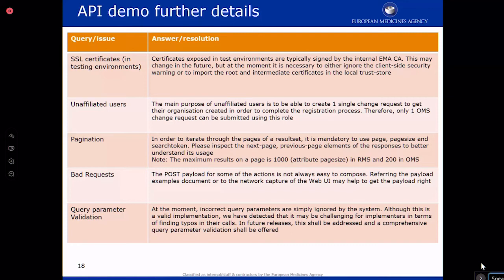It will try to process the API call using the information provided, but ignore anything that is wrong. We might be looking at addressing that in a more structured way, but for the moment, this is how it works.